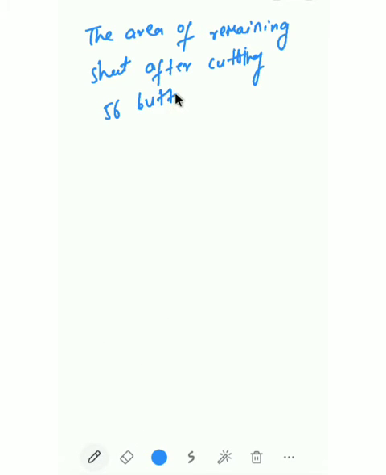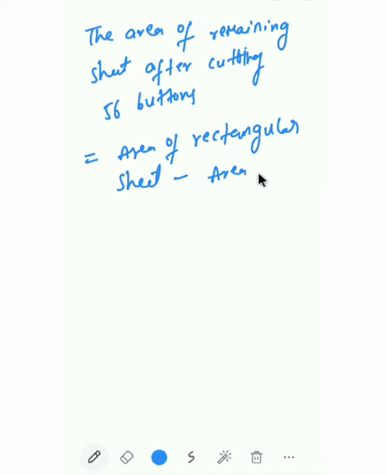That is the area of the rectangular sheet minus the area of 56 buttons. So let's find the area of the rectangular sheet first.